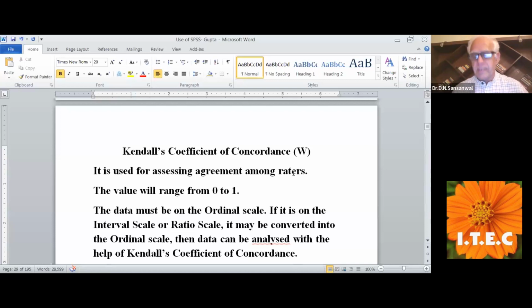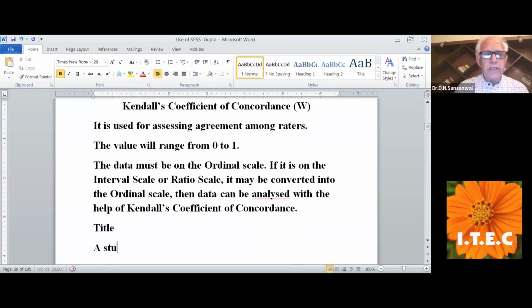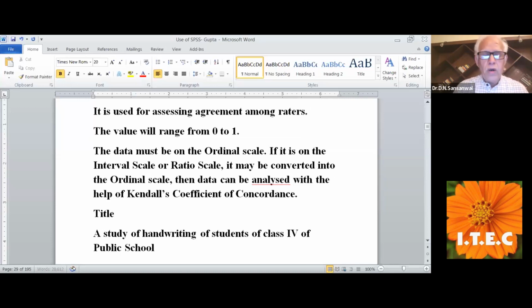So let us have a title: a study of handwriting ratings, or you can say a study of handwritings of students of class 4 of public schools of Delhi.